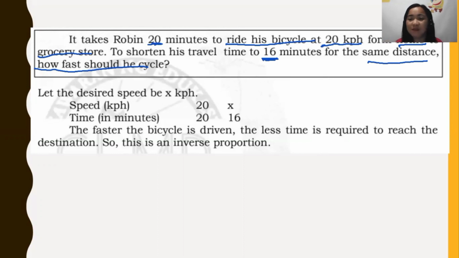Pero kung mas mabagal kang magbike, anong mangyayari sa time? Siyempre, tatagal. Bago mo marating yung grocery store, tatagal. Kasi binagalan mo eh.